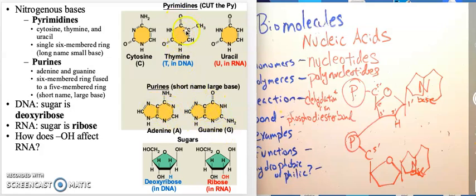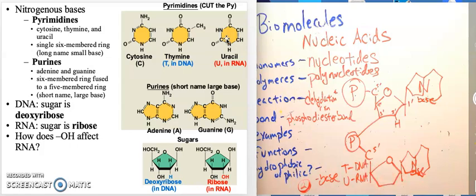But the thymine base is only present in DNA, whereas the uracil base is only present in RNA. So a second difference between DNA and RNA is which bases are present. DNA has a thymine base, whereas RNA has the uracil base.